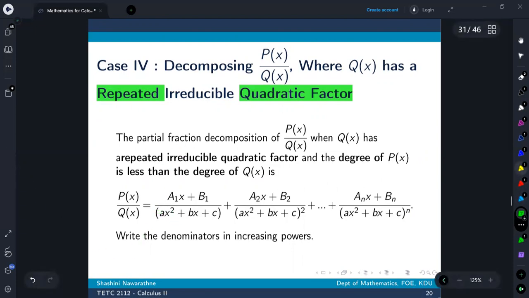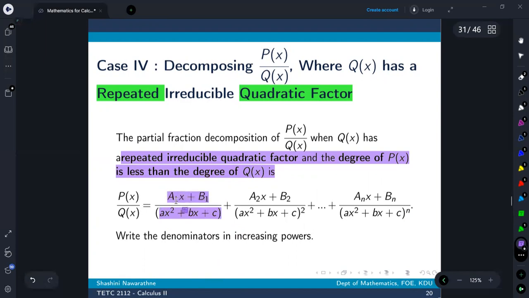As earlier, we are going to consider repeated quadratic factors. Let's say there are n repeated quadratic factors. Then we can write the first fraction as ax squared plus bx plus c to the power 1 in the denominator, and the numerator there should be a1x plus b1.